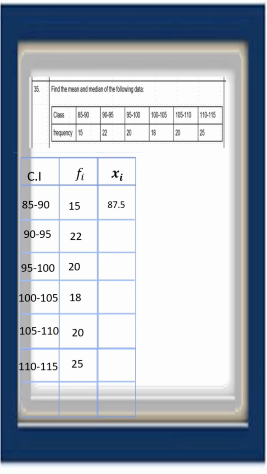Let us add these two. 85 plus 90, what is it? 175. 175 by 2 is 87.5. You can find the other midpoints of the other class intervals like this, or you can add the class size, that is 5, to the previous midpoint of the previous class interval.